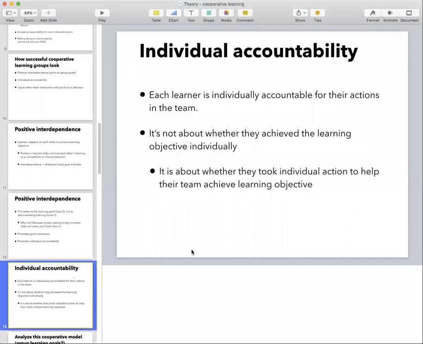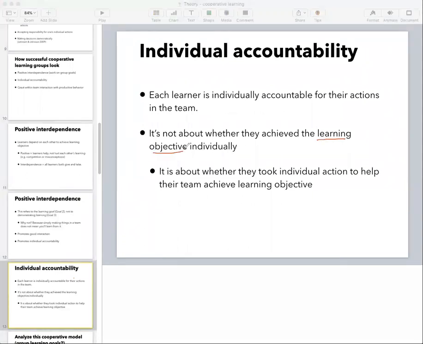And what do we really mean by accountability, right? Individual accountability here means that each individual is accountable for their actions in the team. Now, this isn't saying that each individual is accountable for their own learning on the team, and therefore it isn't about whether or not they achieve the learning objective, right?